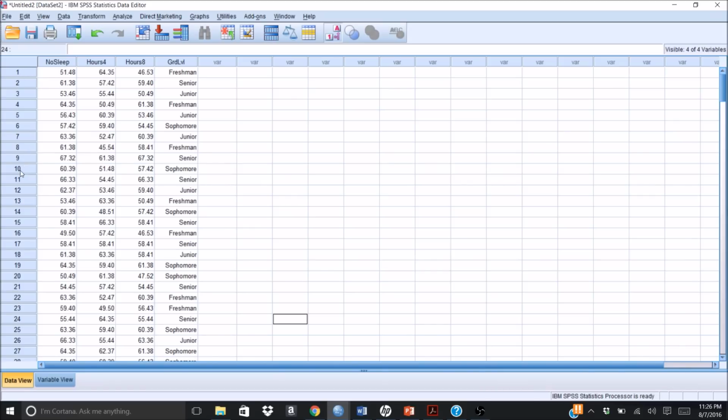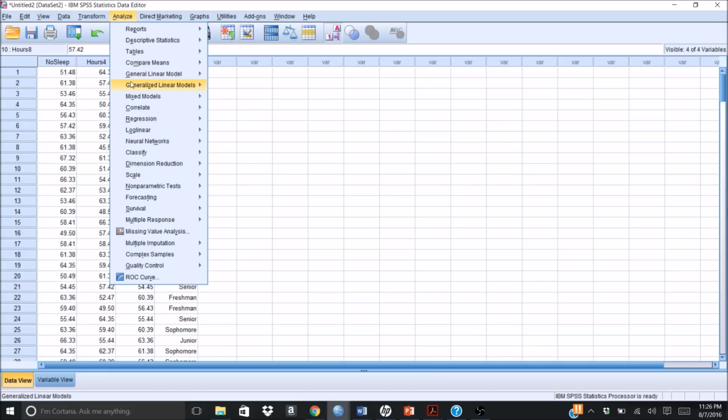So right here, participant number 10, I can see that participant 10 was in the category of no sleep and contributed to the category of 4 hours of sleep and contributed to the category of 8 hours of sleep. So what I want to look at is to see if the average of all of the no sleeps is different than the average of all of the 4 hours and all of the 8 hours. So I'm going to run a repeated measures ANOVA.